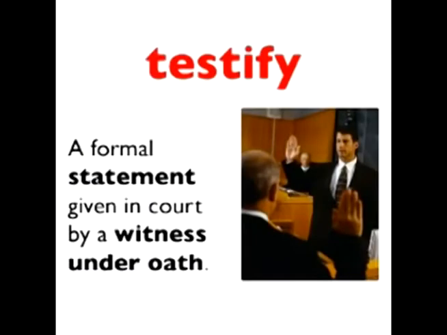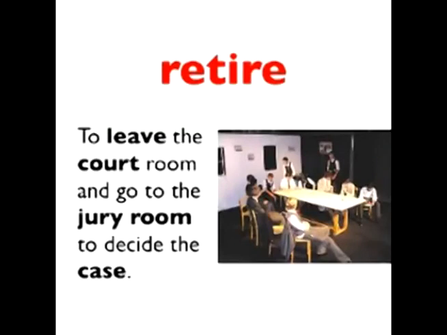A witness will testify to what they know about the case. This is a formal statement given under oath of what they saw or know about the case, often called their testimony. If testimony is given under oath, it means the witness has officially promised to tell the truth.